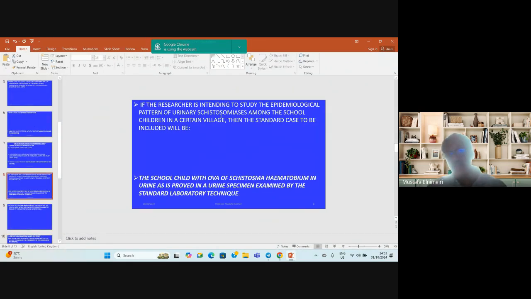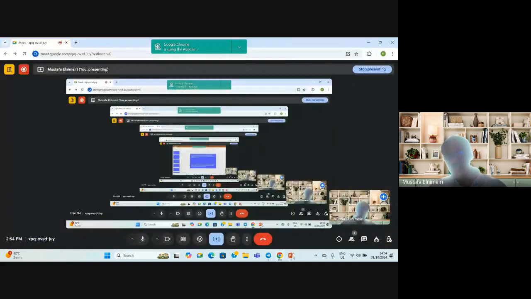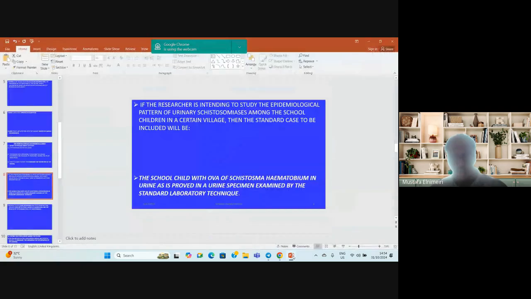If the researcher, for example, is intending to study a biological pattern of urinary schistosomiasis among school children in a certain village, then the standard case definition will be the school child with Schistosoma haematobium in urine, as proved in a urine specimen examined by the standard laboratory technique for detection of Schistosoma haematobium.